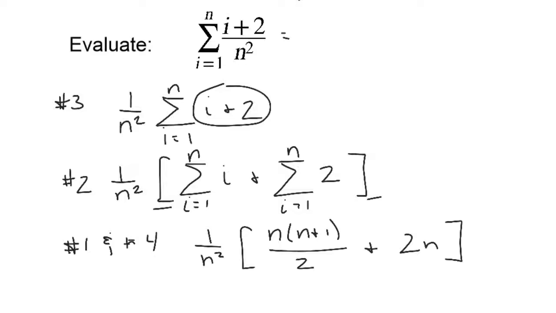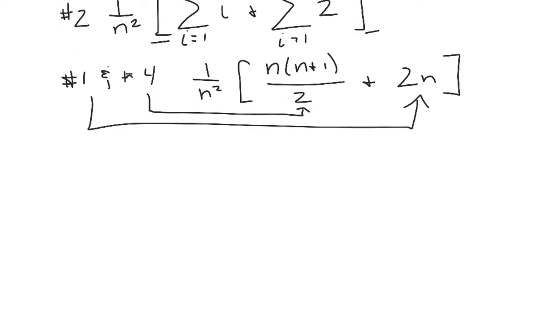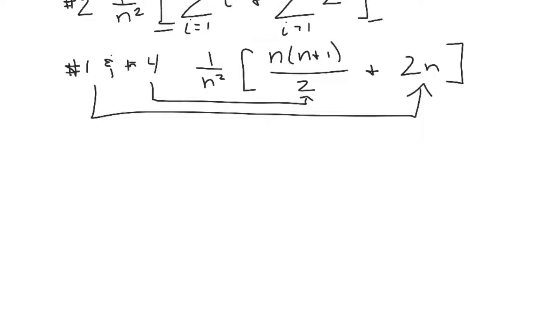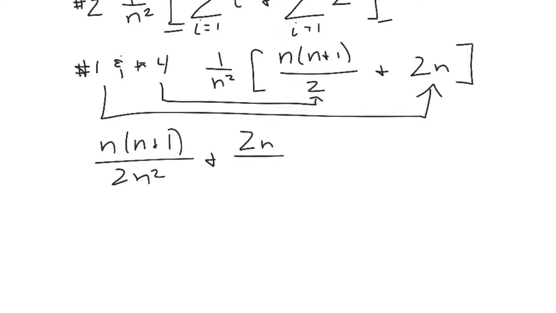This is property 1 and this is property 4. Next step, distribute the 1 over n squared. So I got n times n plus 1 over 2n squared plus 2n over n squared.